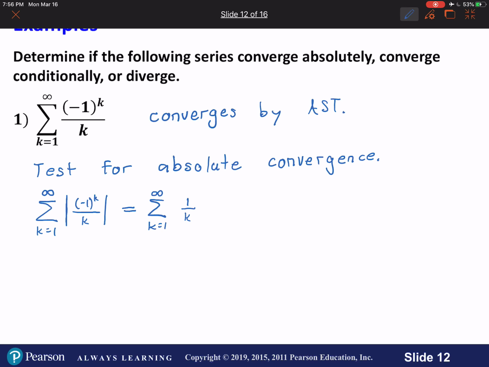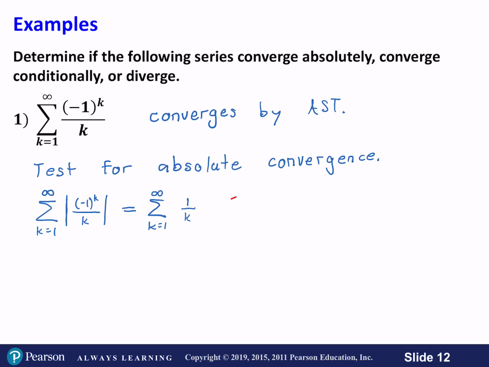All right, question for you guys. Does this series converge or diverge? Think about it. This diverges. And it diverges because it is a p-series where p is equal to 1, which is less than or equal to 1. So let's write that down.